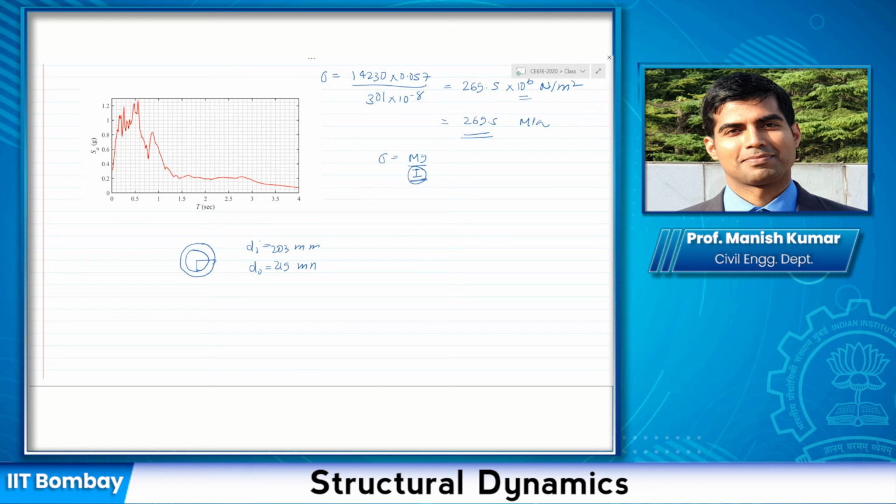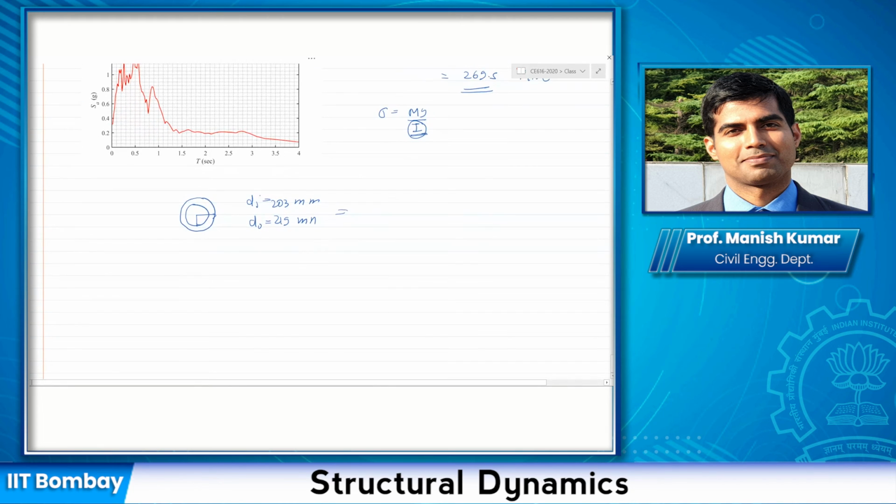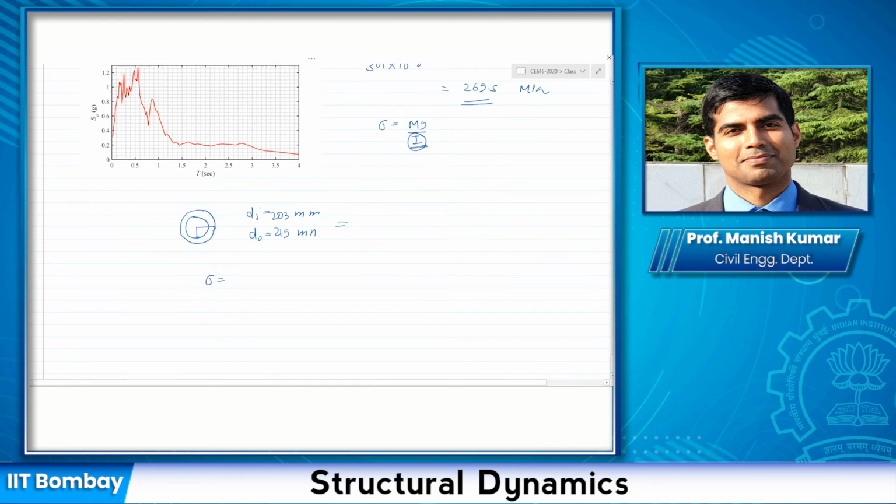That is the thinking behind increasing the section size to reduce the stress. Now with these increased sizes, can you again give me the modified value of the stress that you get? Remember, all other parameters remain the same.